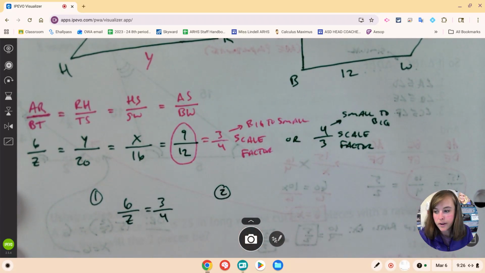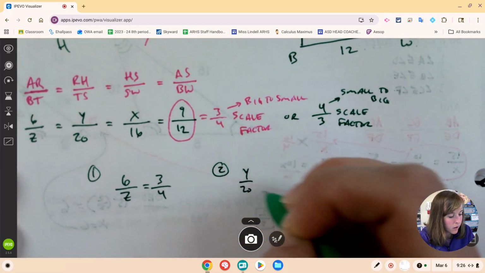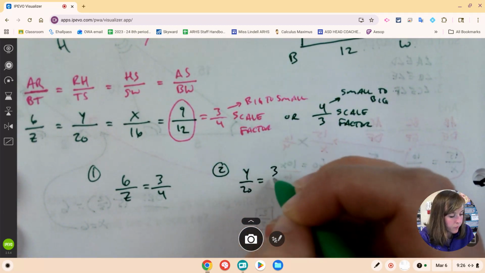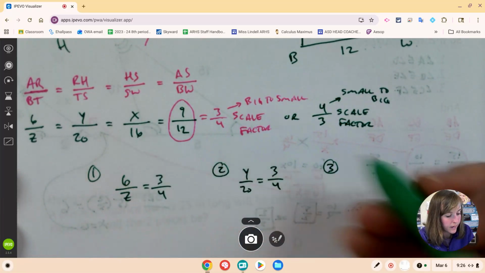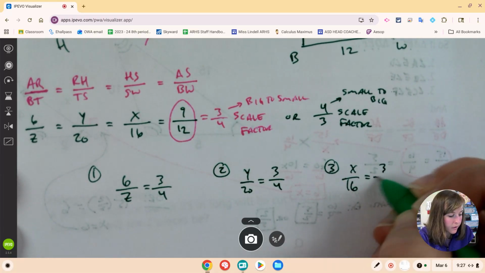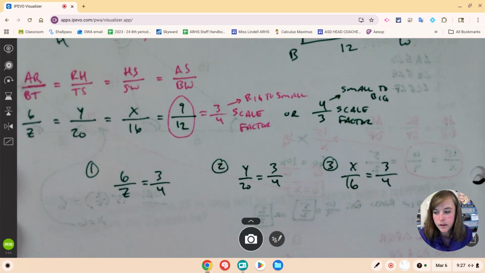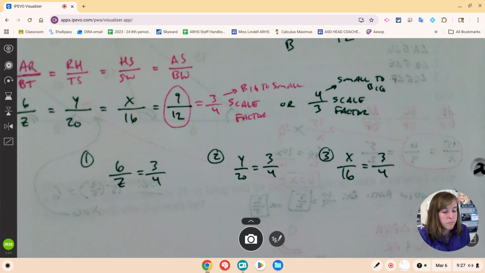My second equation, we're going to take Y over 20 and equal it again to 3 over 4. And then the third equation, we're going to take X over 16 and equal it to, again, 3 over 4. Okay, so pause the video here, take a minute, and try solving all 3 of these equations. And then unpause it, come back and check your answers.